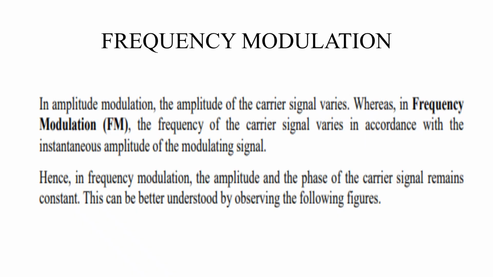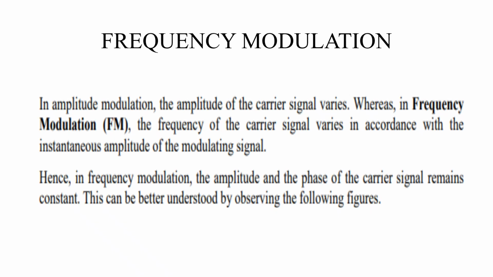In frequency modulation, only the frequency term of the carrier gets varied, and the amplitude and phase of the carrier signal remain constant. There will not be any changes in the amplitude and the phase components. Only the variation will be in the frequency component.